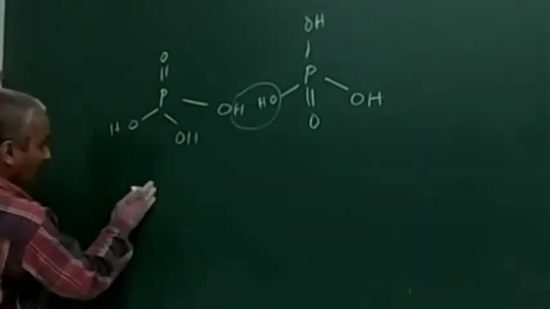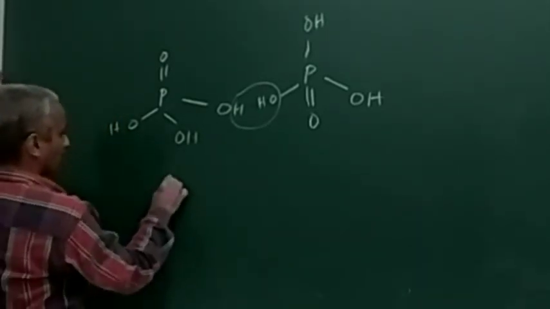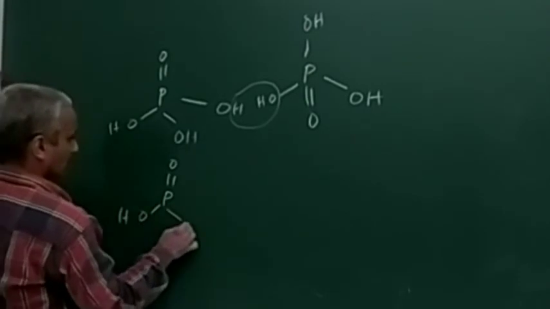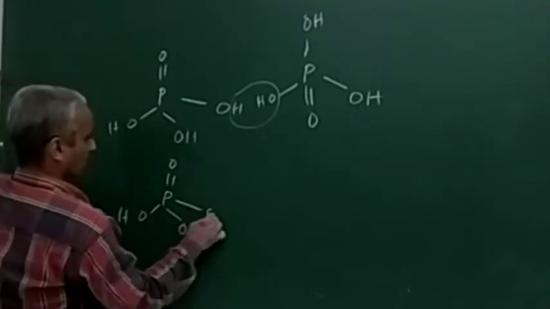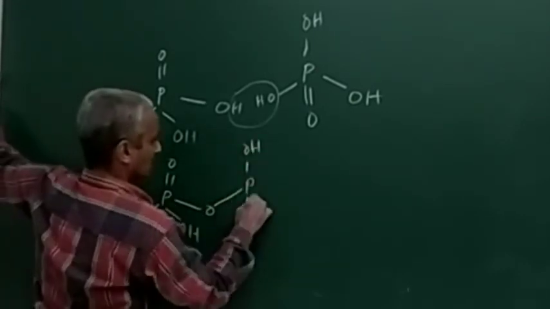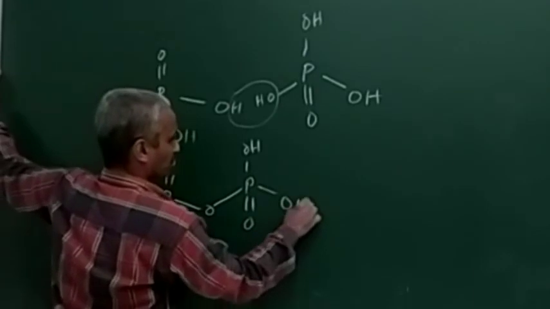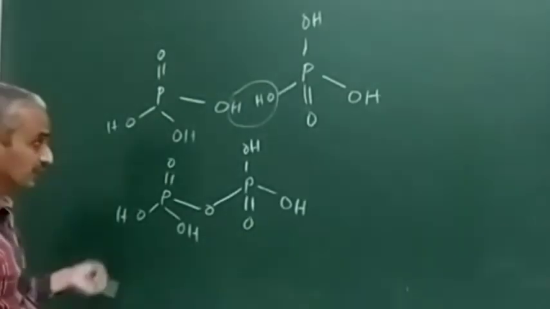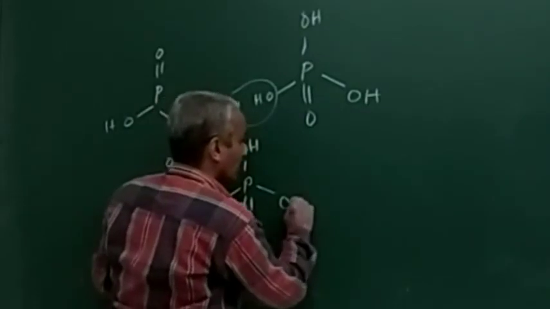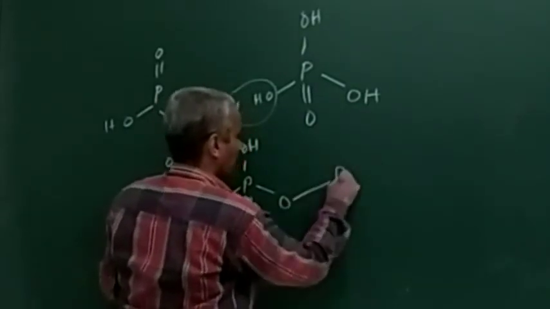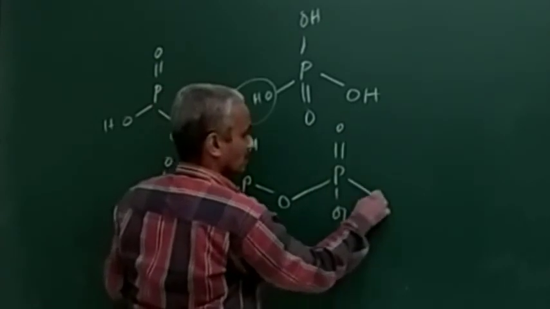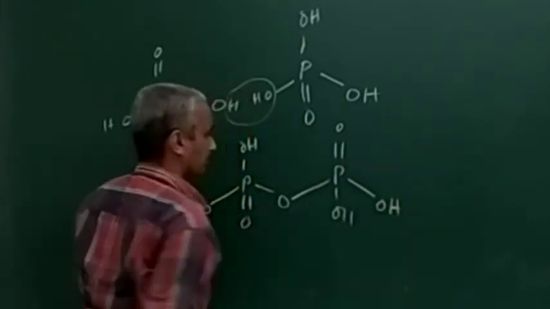So what am I going to get? P double bond O, OH, OH, O, then P, OH, double bond O, OH. Now, from the next molecule again, a water molecule is removed. Then what happened? Here again, P, double bond O, OH, OH.